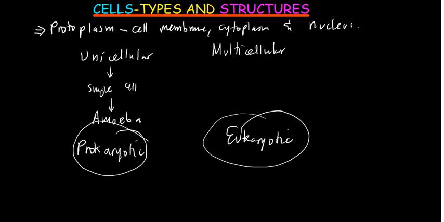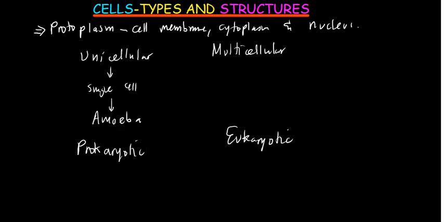Pro means before. Karyot is more like the nucleus. So prokaryotic means before the nucleus. And eukaryotic cells are cells which developed and the nucleus was known.